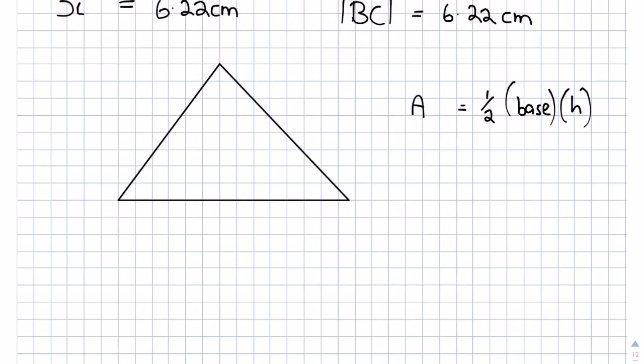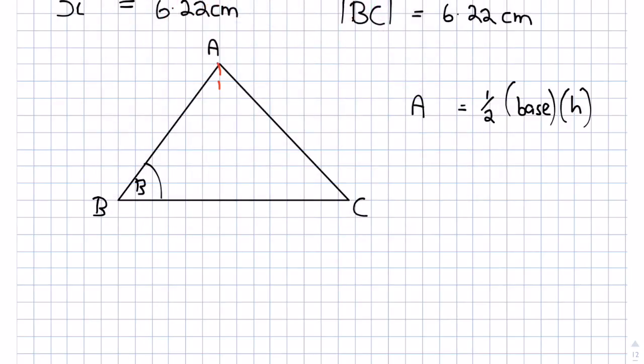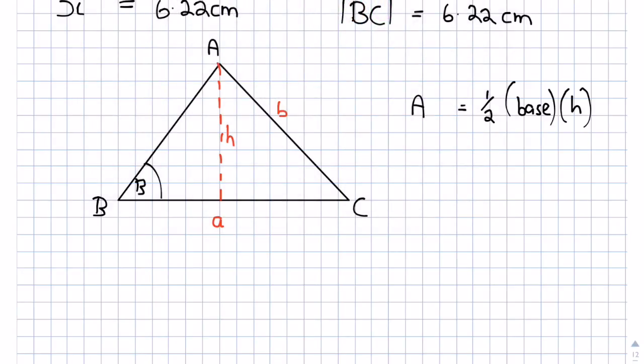So if we apply that to what we know now, this is vertex A, B, C, which means this is the angle B. So again, let me drop down a perpendicular, call it H for the height of that line. Well, what I know is this side here is b and this side down here is a. So that means the area of the triangle would be half a by h, just half the base by the height.